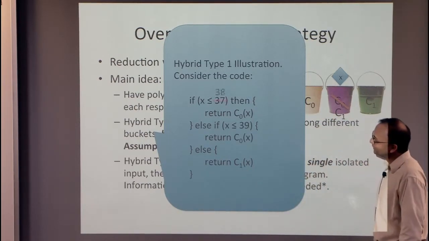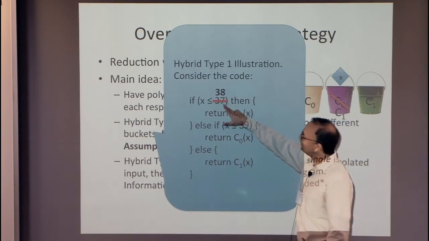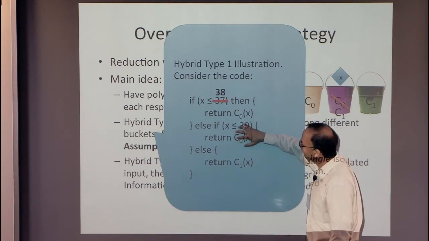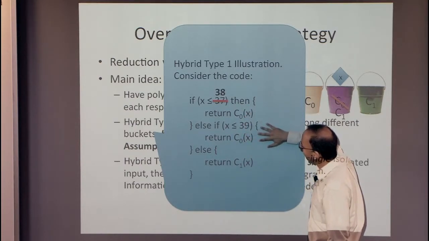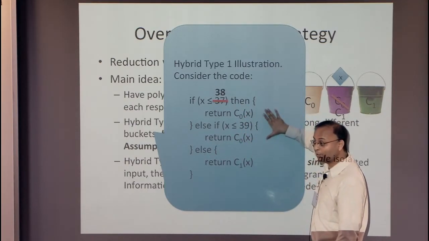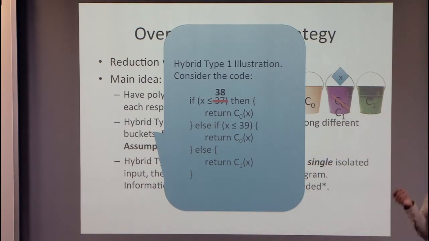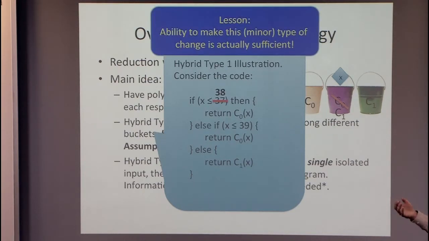Hybrid type 1 is basically like taking this code and just modifying this from 37 to 38. I'm just reallocating the input 38 from this branch to this branch, where both branches do identical stuff, right? The code is actually identical. This seems like such a minor change, right? And yet, sort of the key lesson of this is that the ability to make just this very minor change is actually sufficient. If we can do this, we can go all the way to obfuscating arbitrary programs, matrix branching programs, that are equivalent to each other.